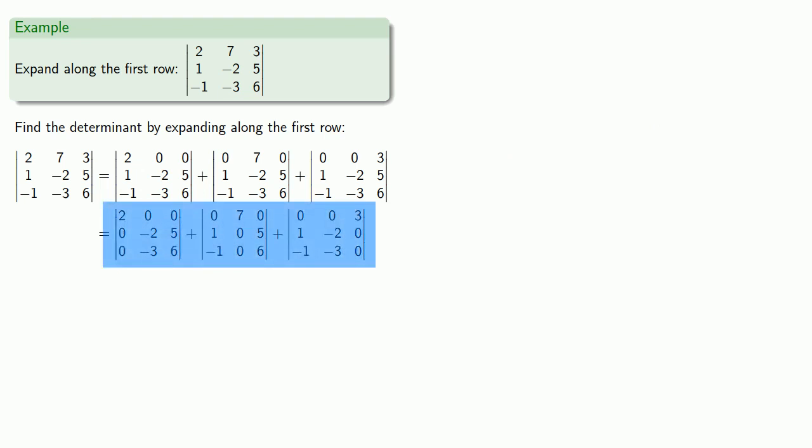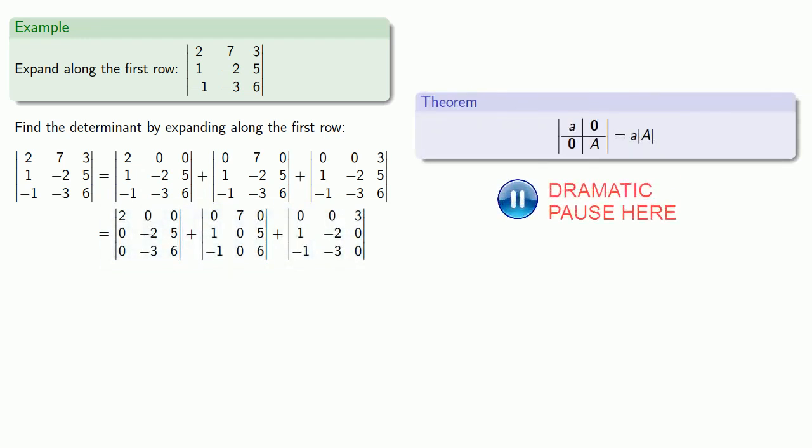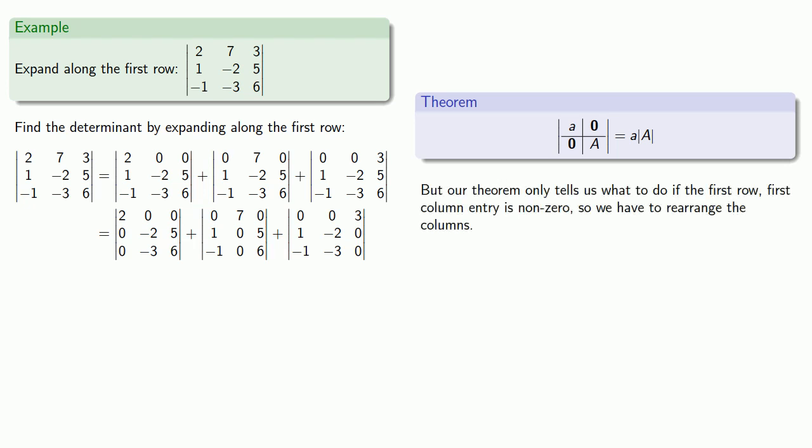And so we can apply our theorem. And there's a problem. Our theorem only tells us what to do if the first row, first column entry is non-zero. Well, that's okay. We just have to rearrange the columns.